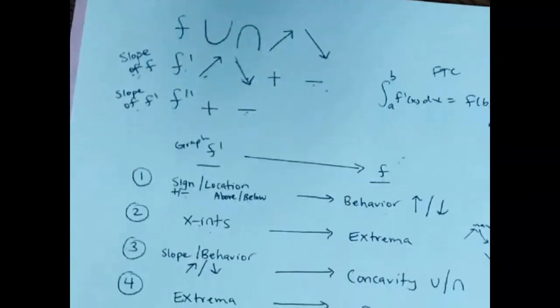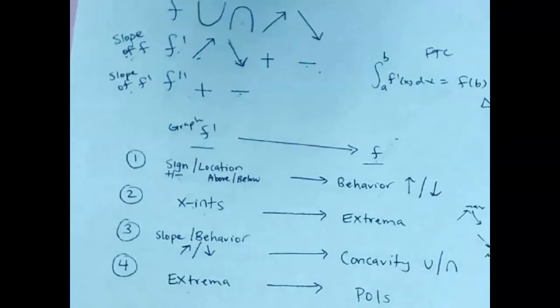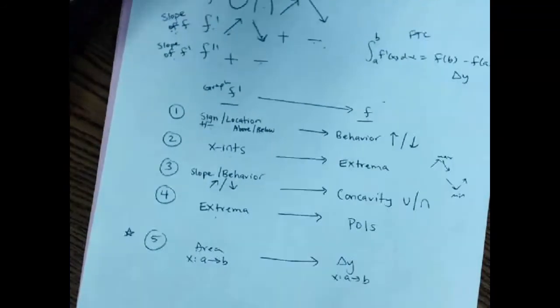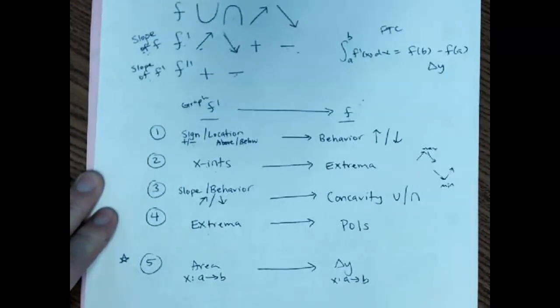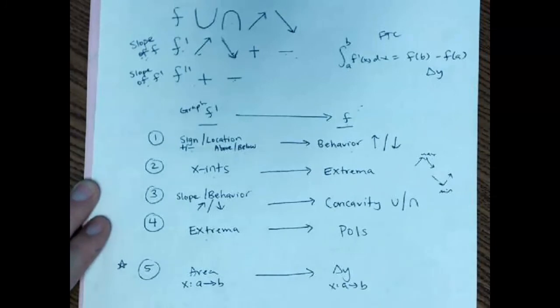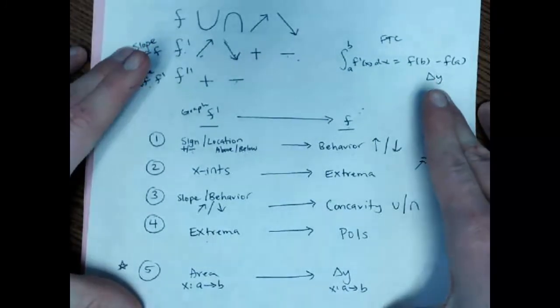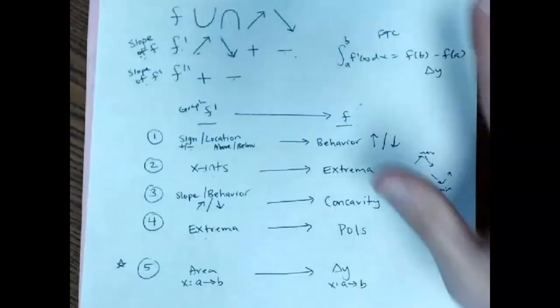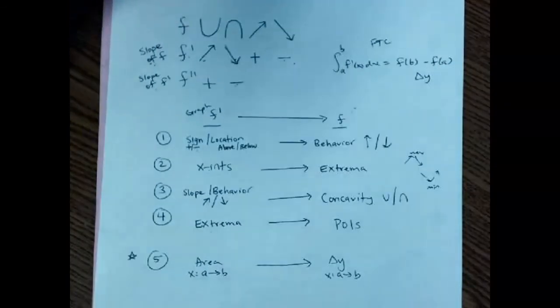So basically the new stuff is right here, the area bounded by the derivative. Let me zoom it out. The area bounded by the derivative is going to give us the change in the y value, so I can find what those y coordinates are. This would be a really good thing for you to know, right? Conceptually, this covers a whole lot of questions on that AP exam.